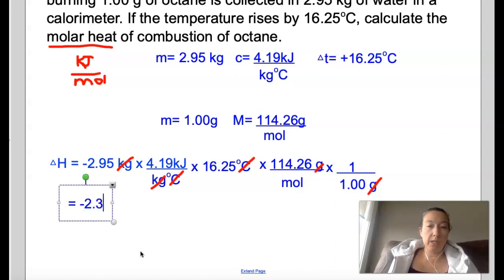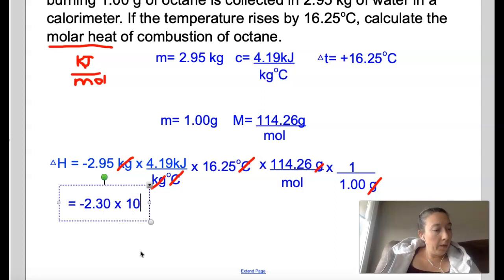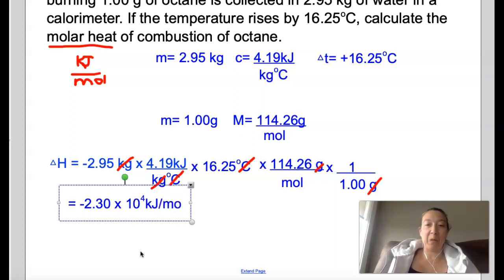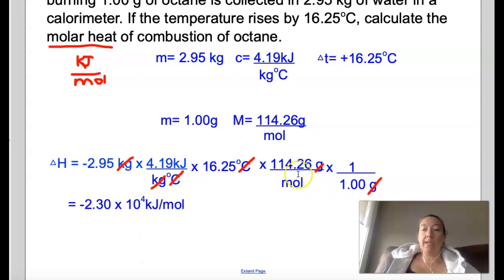So negative 2.30 times 10 to the 4 kilojoules per mole, okay?